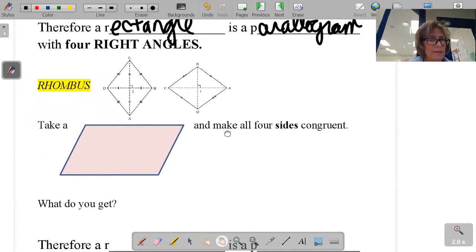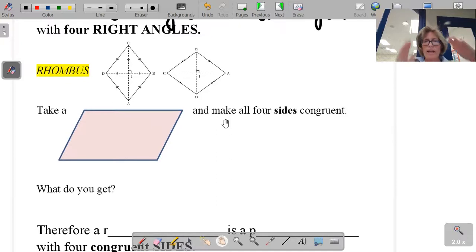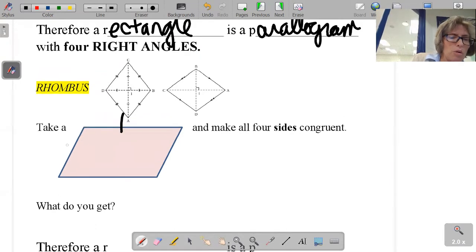What is a rhombus? Again, if you start with a parallelogram like this, so you have 2 congruent sides and 2 longer congruent sides, if you shorten it up so that all 4 sides are equal, then it becomes a rhombus.